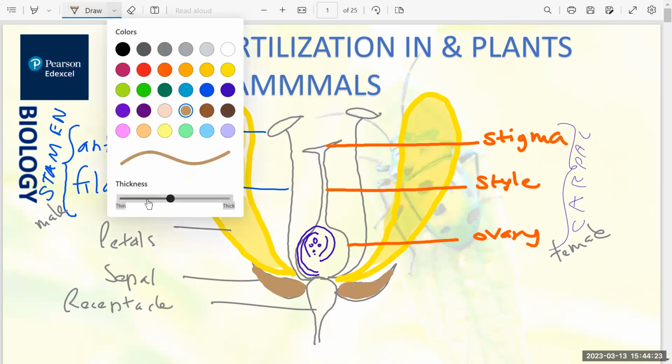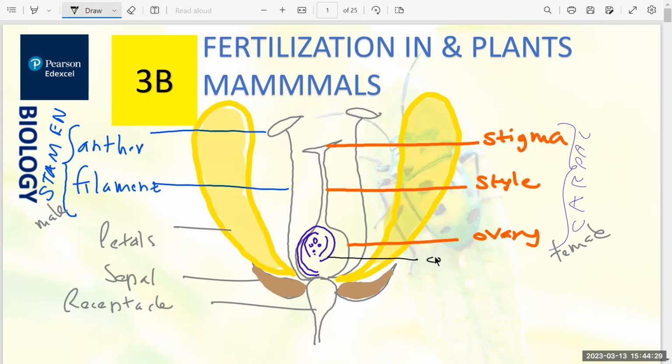Okay, then last thing, the ovary has this ovule, and ovule has ovum, and this anther has the male gametes, a pollen grain.